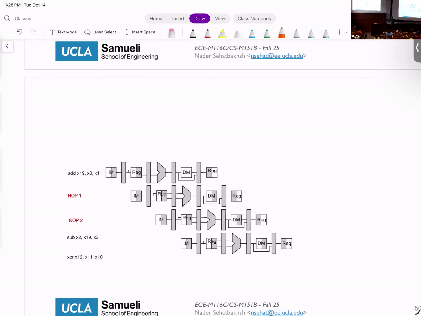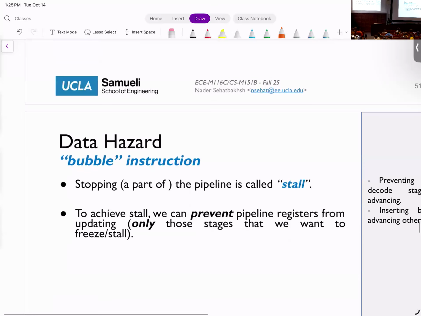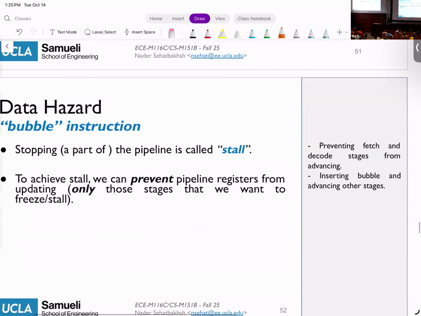If we stall the entire processor, you're going to basically create a deadlock, right? Because the instruction stays in each stage and you never advance. So you let execution, memory, and write back move forward, but you let fetch and decode stall, okay? So just keep that in mind.